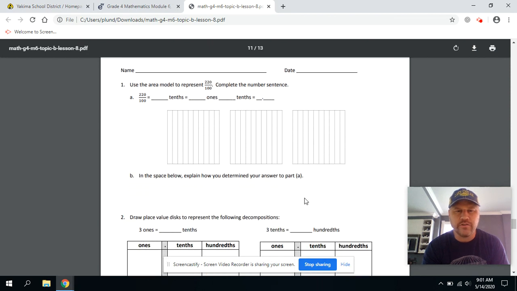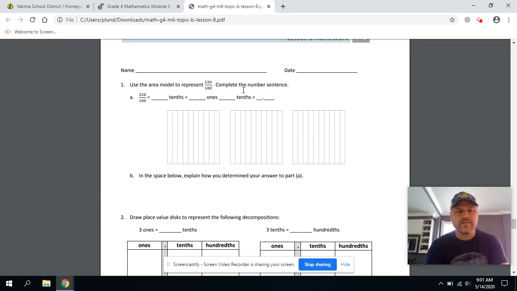Okay, so use the area model to represent 220 hundredths and complete the number sentence. So 220 hundredths equals how many tenths? Well, think about it. This is 10 tenths, but it's also 100 hundredths if you draw the horizontal lines, right?